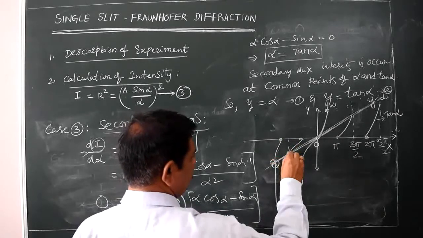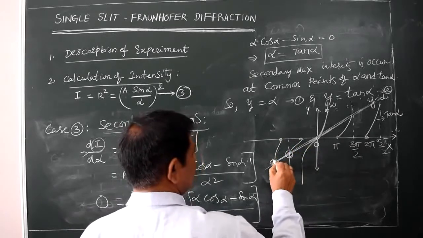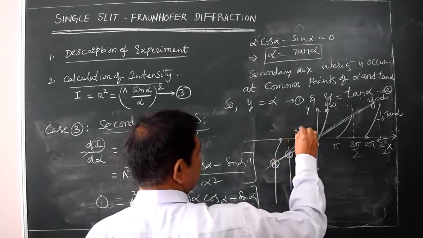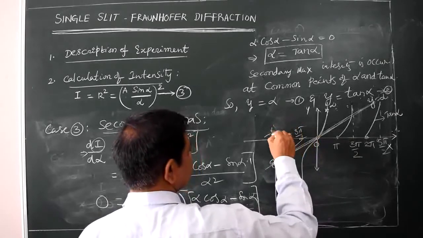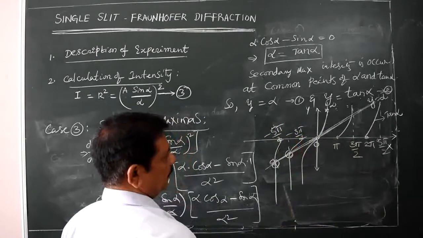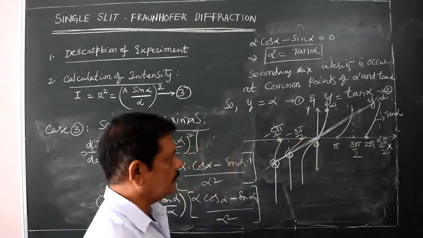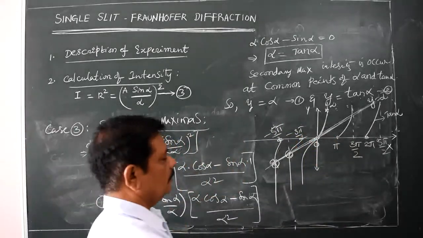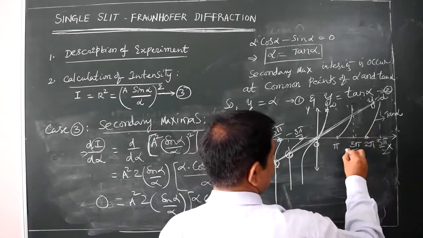So these are the common points. What are the common points? This is minus 3 pi by 2, this is minus pi by 2, and 0 is also a common point, but 0 refers to the principal maximum, and here plus pi by 2.